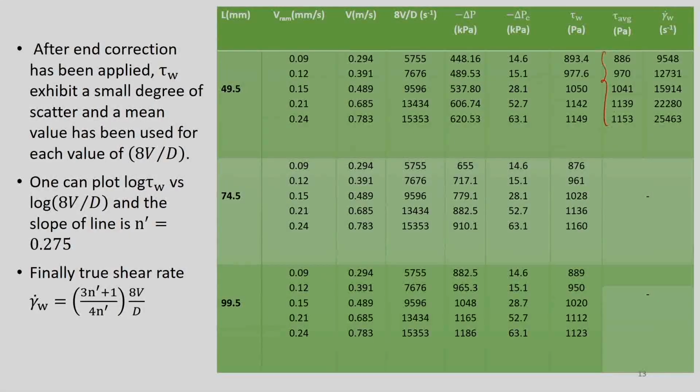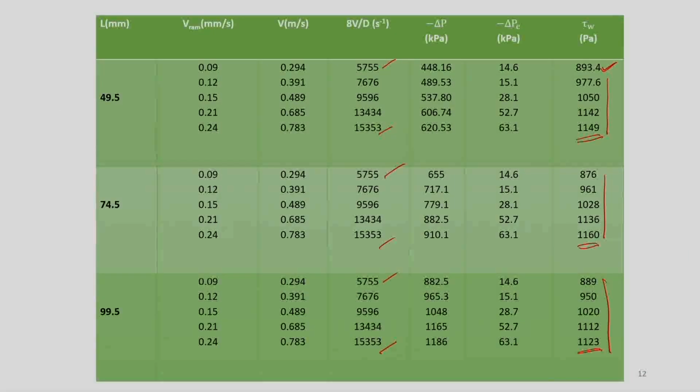Then you write this average value of tau W here. Or, before taking the average also, if you plot this tau W versus 8V/D, the nominal shear rate, you can find these are almost superimposing onto the same curve, indicating that the true value of shear stress has been corrected for the entrance effects.